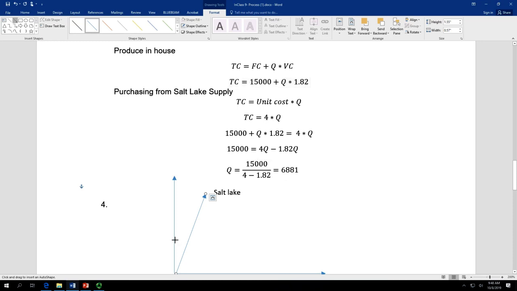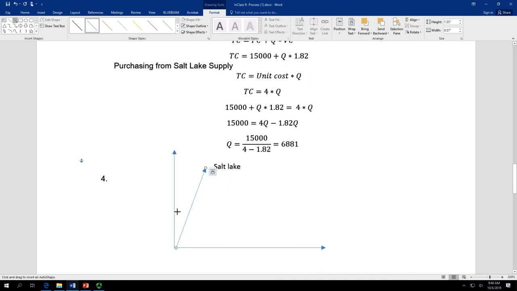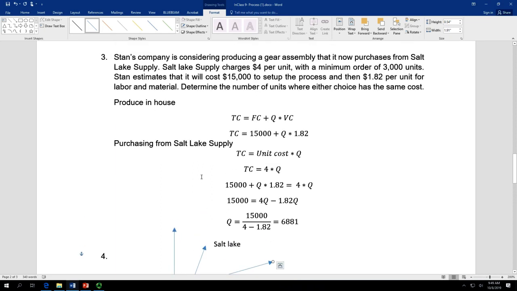That means this is a positive number. Here is my line. The key point of drawing this line is that you have the intercept 15,000, and this line's slope will be smaller than Salt Lake City's, because what is the slope for Salt Lake City? It is 4, correct?